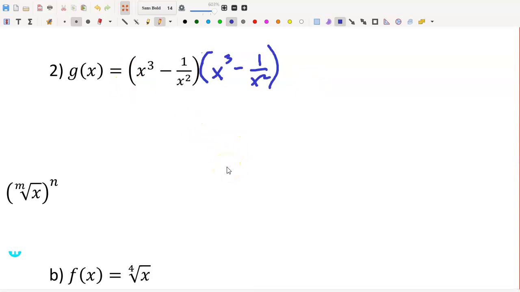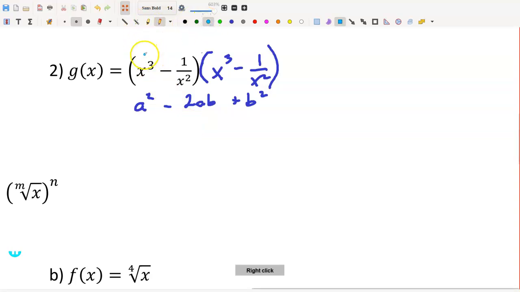Now, we should be, if not already there, good at expanding these without doing box methods and drawing squares. But just knowing that there's a pattern here, that it always comes out to be a squared minus 2ab plus b squared when we're doing this type of expansion. Right? It always follows this pattern, because we have to multiply these two.